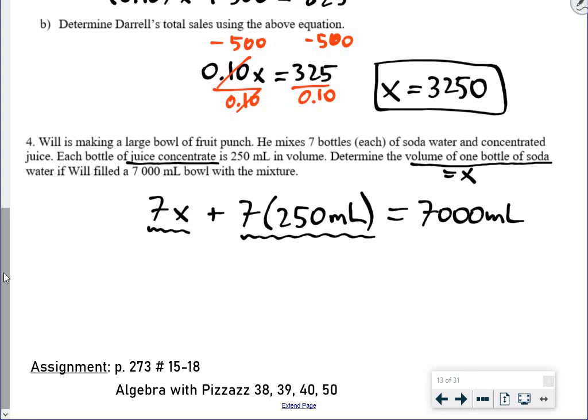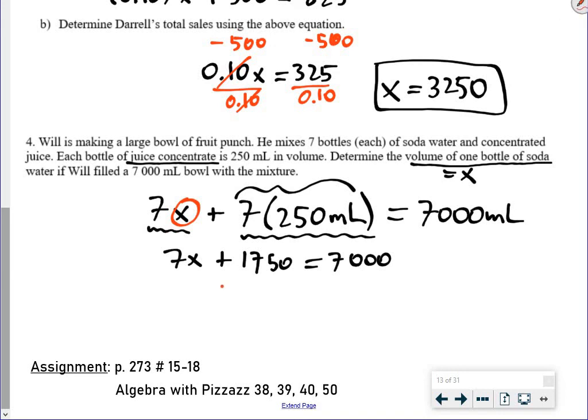So now we have an equation and we just need to solve for x. So we need to get x on its own. So we can simplify this a little bit. We can actually do this multiplication. 7 by 250 gives us 1750. And that's still equal to 7,000. So 7x plus 1750 equals 7,000.